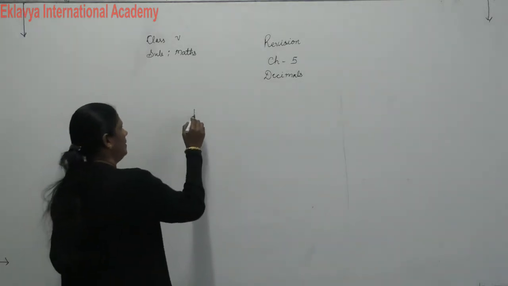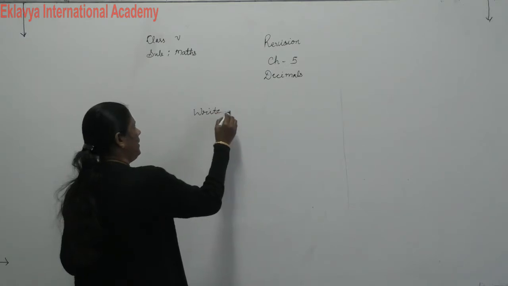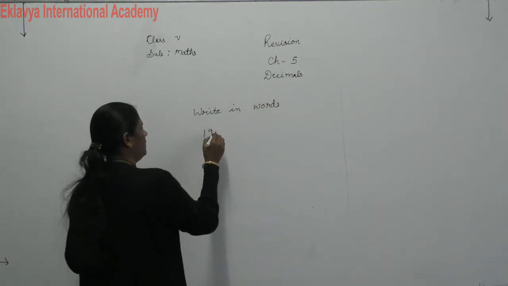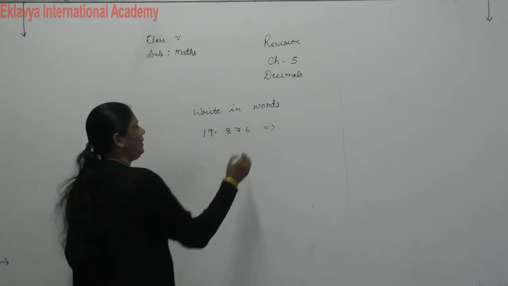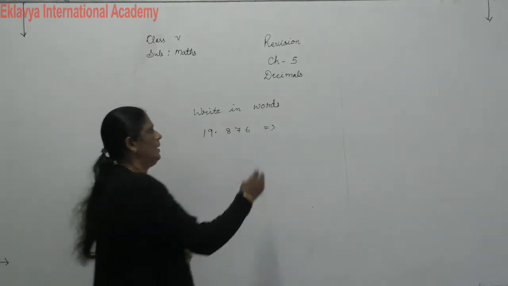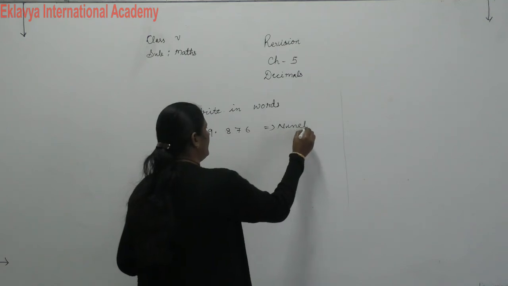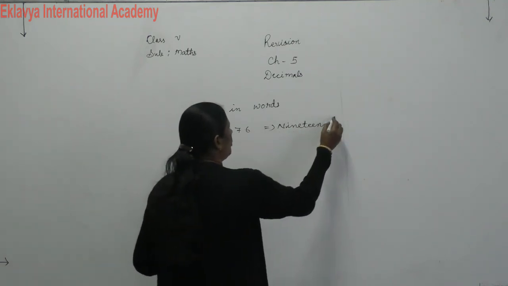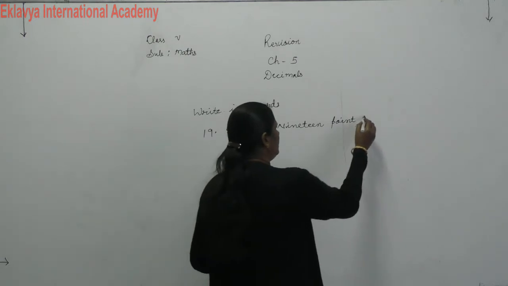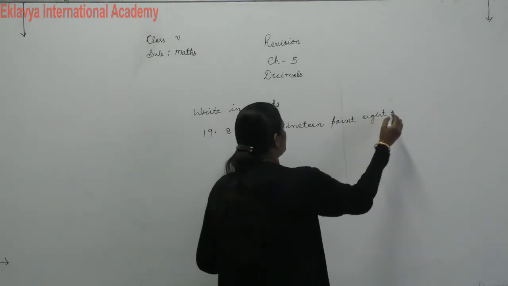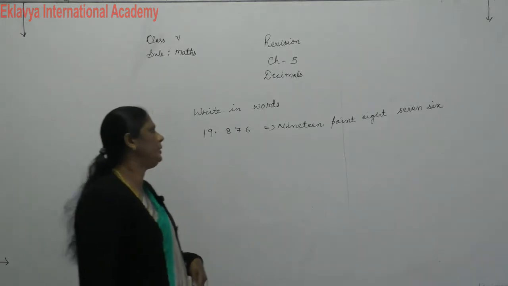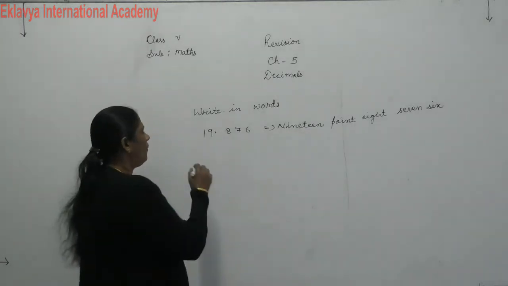Write in words. How to read this? 19.876. One more question.